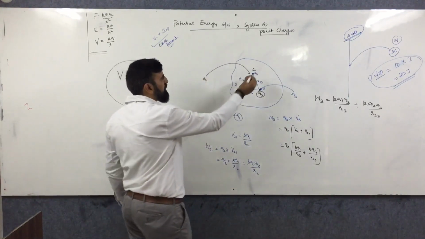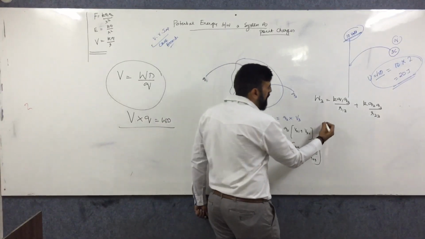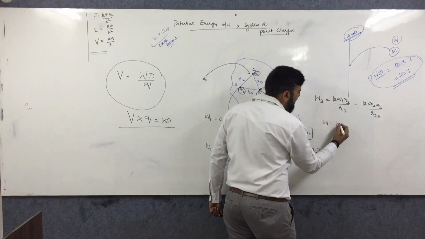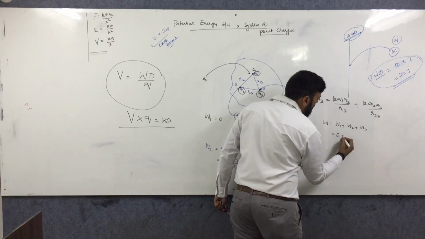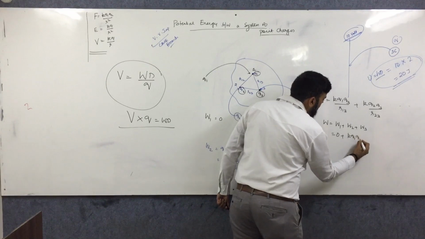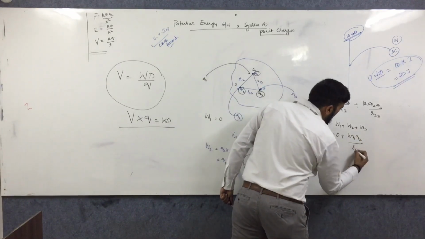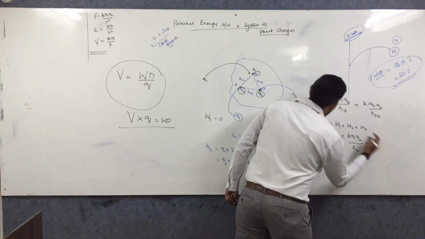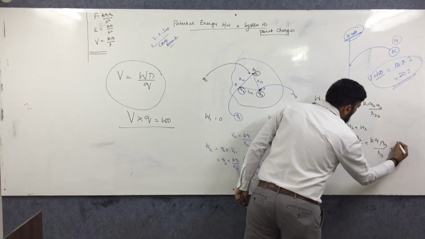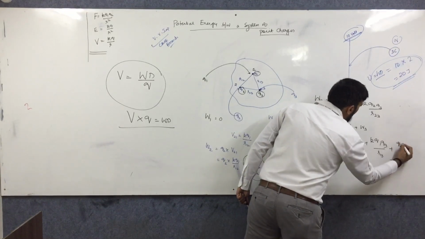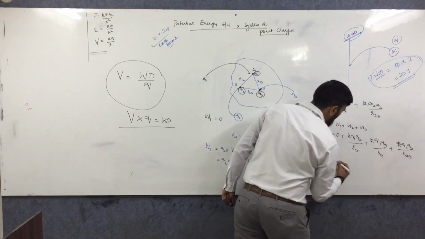Now I have placed Q1, Q2, and Q3. If somebody asks me what is the total work done, obviously W1 plus W2 plus W3, which will be equal to 0 plus K Q1 Q2 upon R12 plus K Q1 Q3 upon R13 plus K Q2 Q3 upon R23.